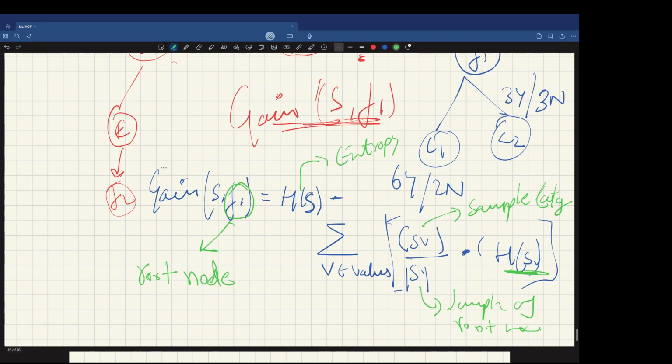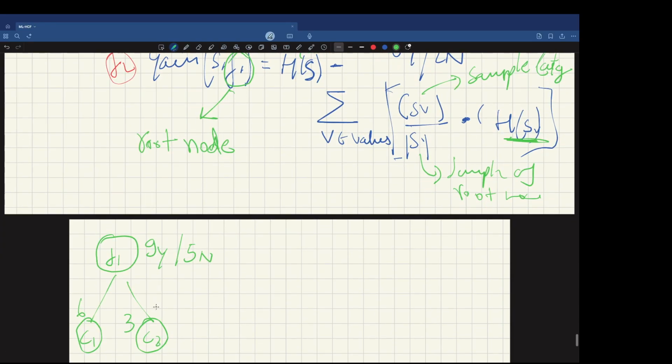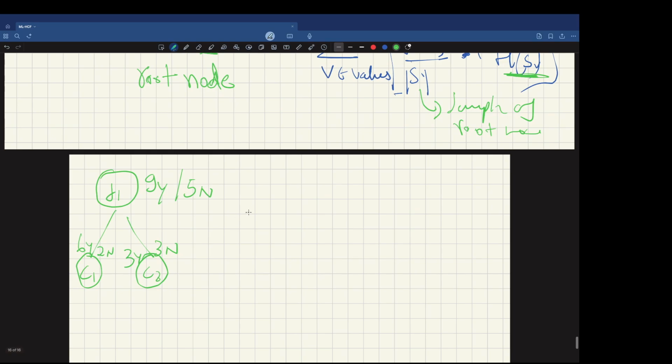That is 3 yes, 3 no, and 6 yes, 2 no, right? Now we'll calculate the gain of this root node, S of F1, right? So what are the values you can give?